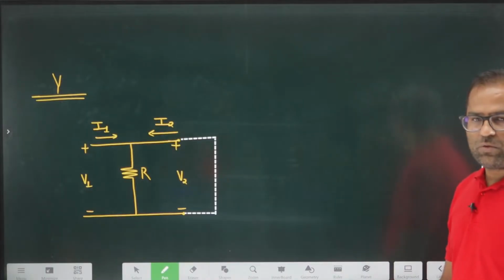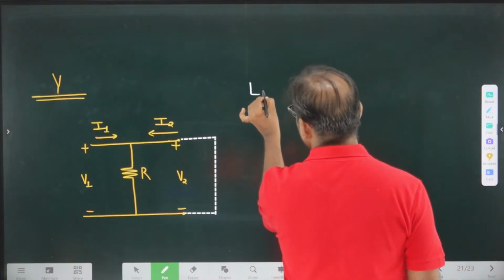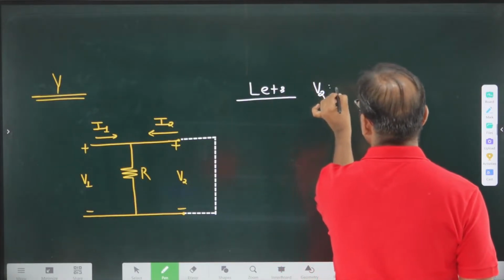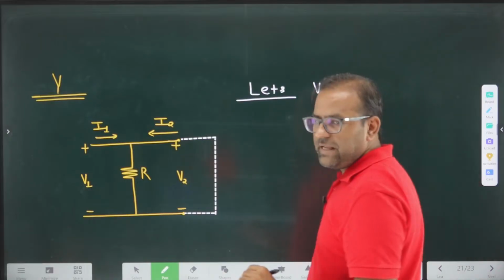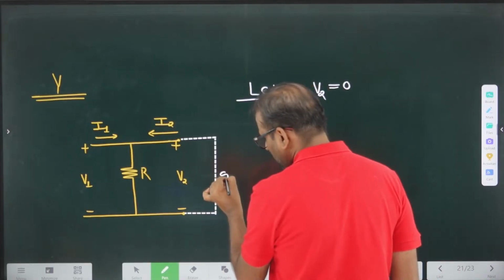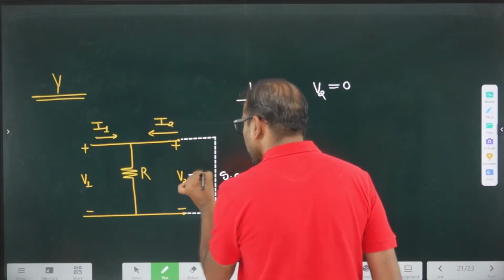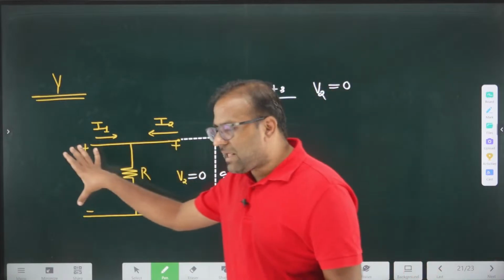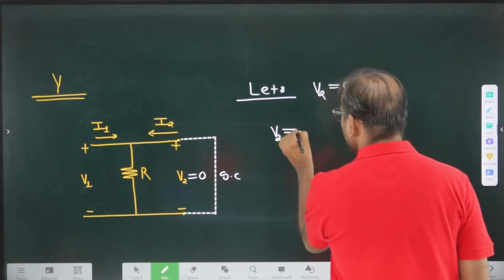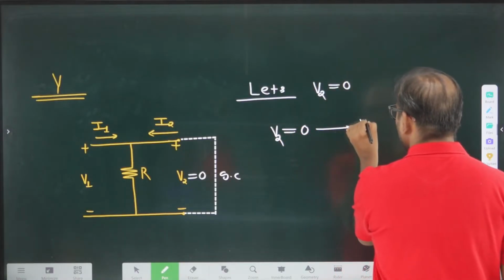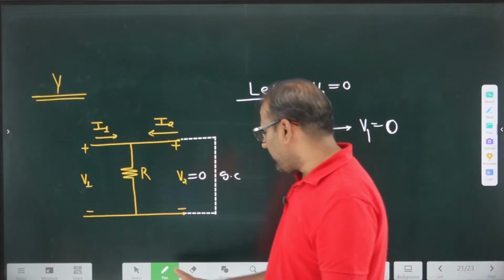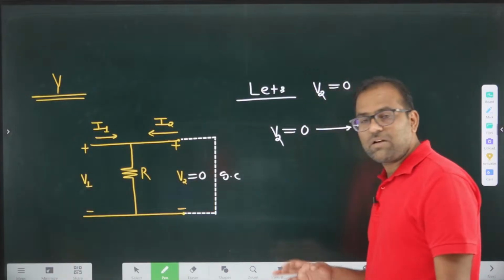Correct? What we are doing? Let's take V2 equal to 0. The moment I take V2 equivalent to 0, or I apply the short circuit at output, because V2 and V1 are in parallel combination, V2 equal to 0 will make V1 equal to 0, and all your parameters are infinite in that case.